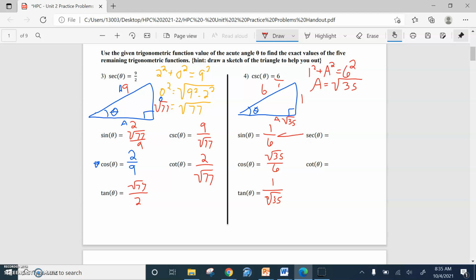It's almost deceiving that they are across from each other in my answers, but that has nothing to do with it. That just is the order they printed them on the paper. So secant is the inverse of cosine, so we take the inverse of cosine, 6 over square root 35. Cotangent and tangent, those are inverses. And there you have it. Look at that, under 7 minutes.